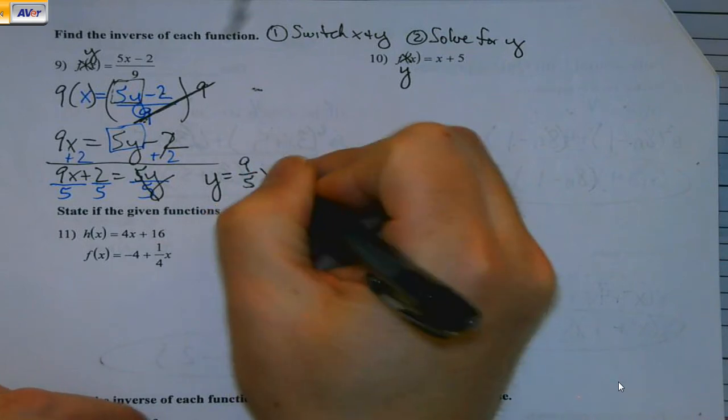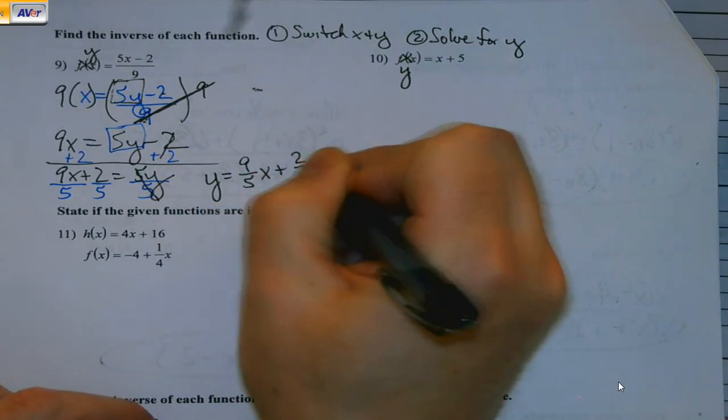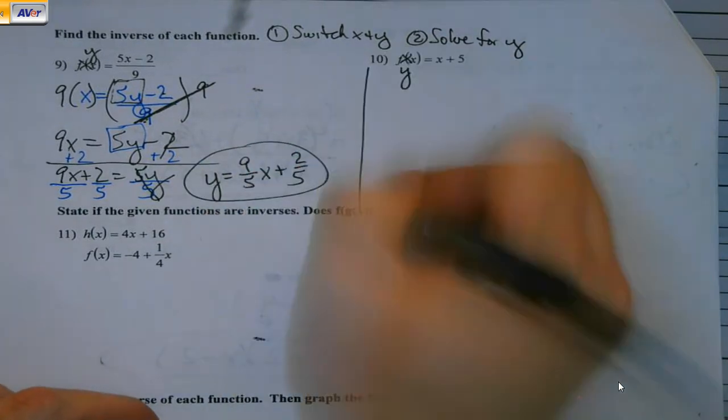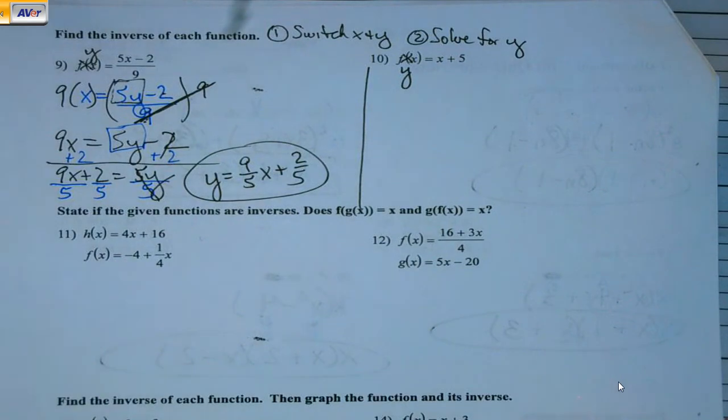And if something reduces down nice, that's great. And if it doesn't reduce down nice, that's okay too. Fractions aren't a bad thing. And even if you left it as 9x plus 2 over 5, that is the same thing. That would be a good answer. So switch x and y, solve for y on our inverse.